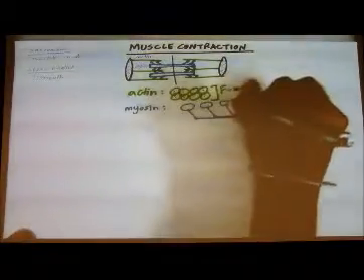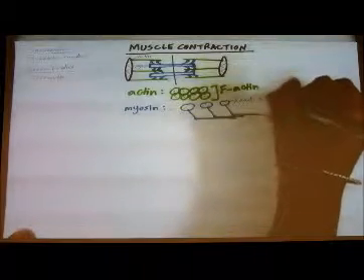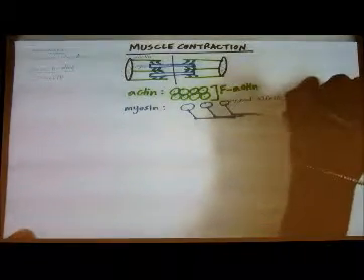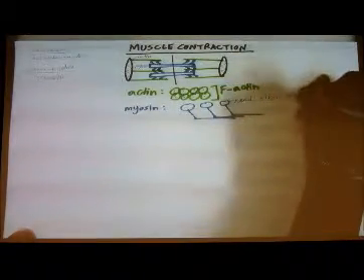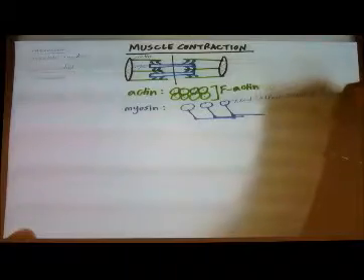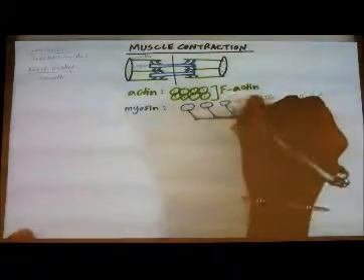So we have the head. An important thing to remember about the head is that it has an innate ATPase activity. And from the name, we should know that it's an enzyme that hydrolyzes ATP into ADP and inorganic phosphate. And we'll see how that's important in contraction a little bit.